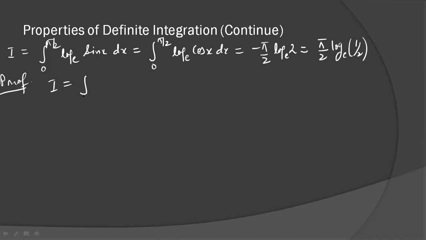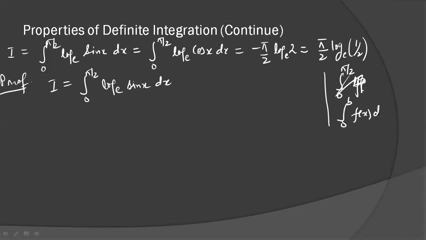The integration from 0 to pi by 2 of log sin x dx is a mixing of two properties. We know the property that the integration from 0 to b of f(x) dx is equal to the integration from 0 to b of f(b minus x) dx. You can see that at 0 this function is not defined.